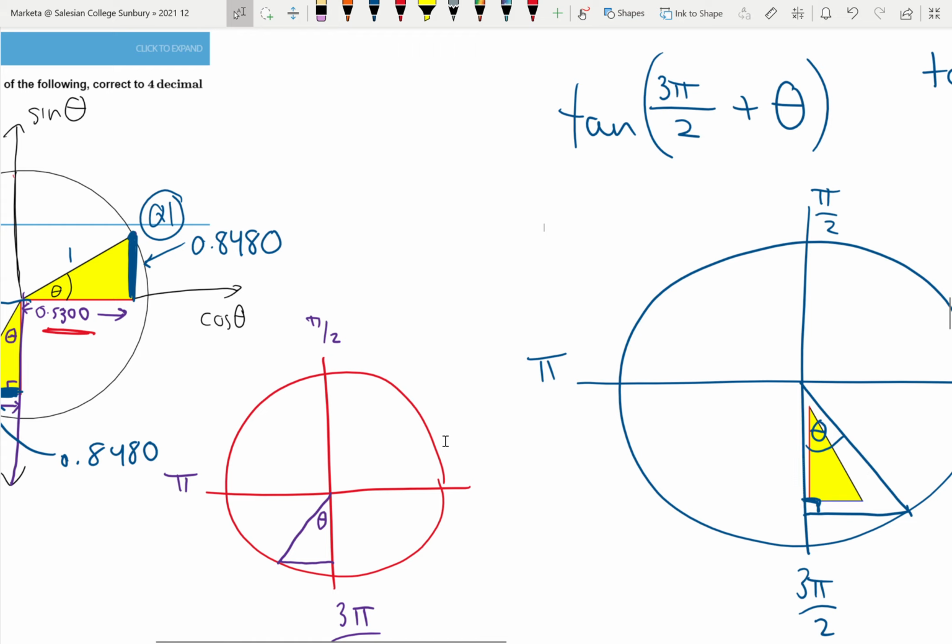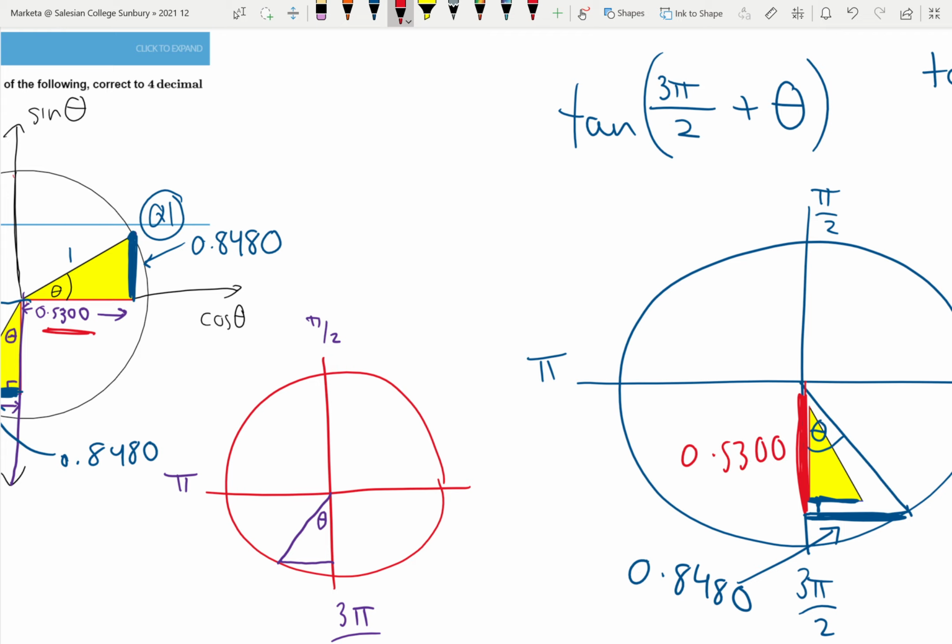So you can still see the orientation of the triangle, and you can see the red and blue lines. So remember, the blue line, that line there, is 0.8480. And then the red line is now going to be here. That red line is 0.5300.